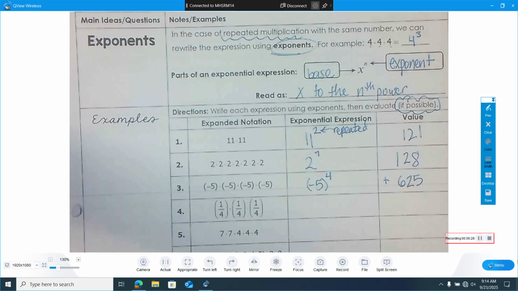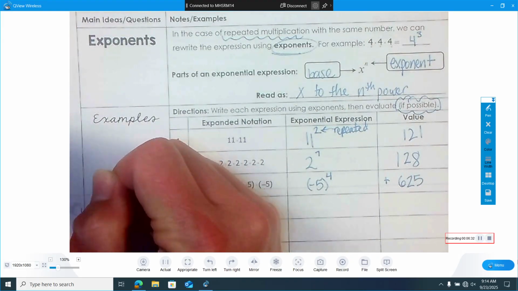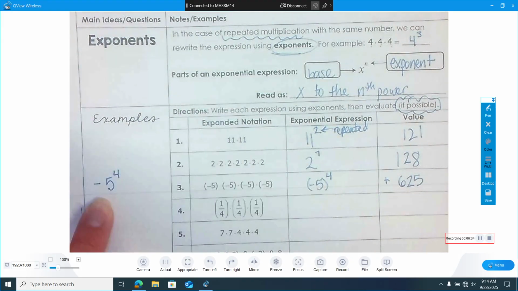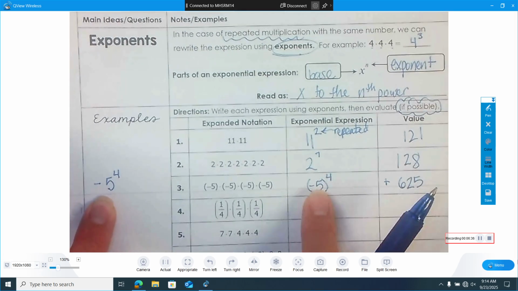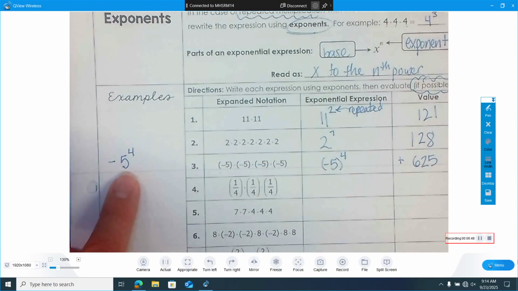All right. So, on the side here, what is the difference if I wrote -5 to the 4th? What's the difference between what we did here on number 3 and this? No parentheses is a very big difference here. If I were to expand this, I have to ask the really important question: what is being repeated?